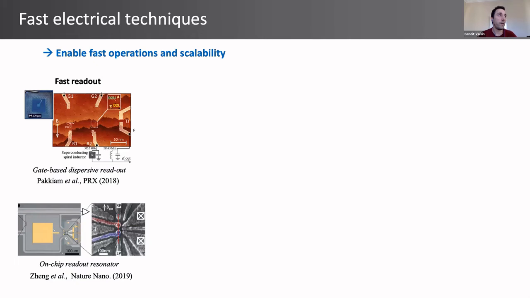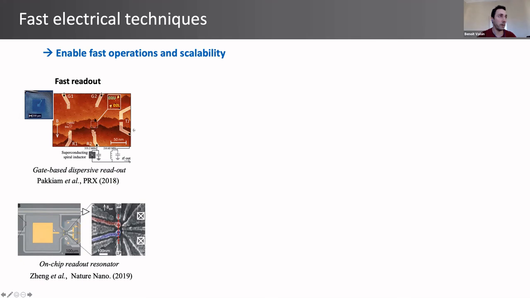One of the first developments was to implement fast readout using gate dispersive readout on devices, on both quantum dot and dopant-based devices. Here is an example of gate dispersive readout, where a superconducting resonator was hooked up to the gate of this device to read out the quantum capacitance between two dots located nearby.